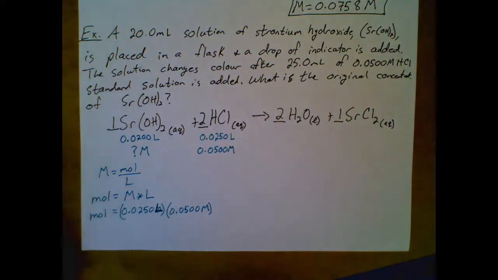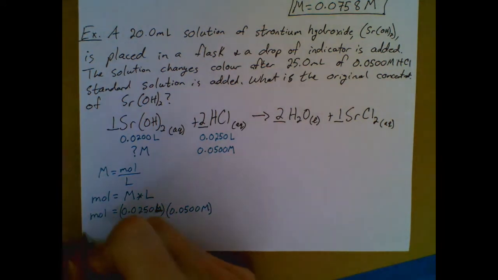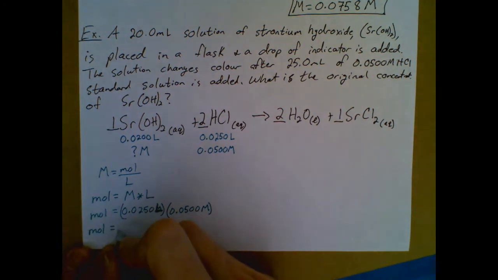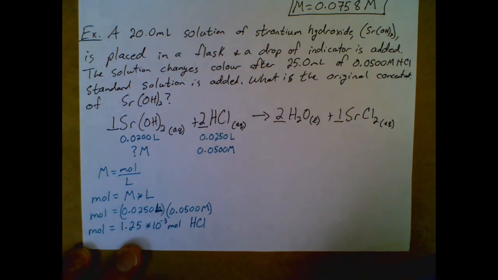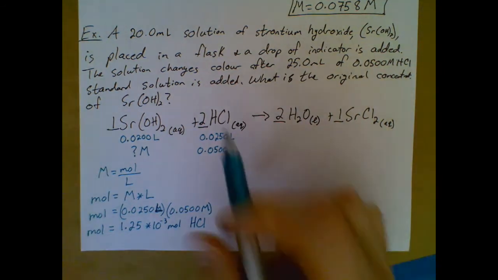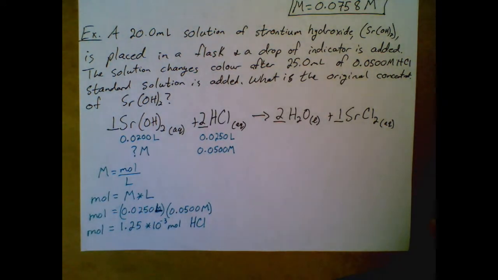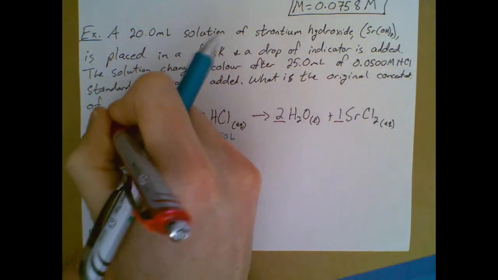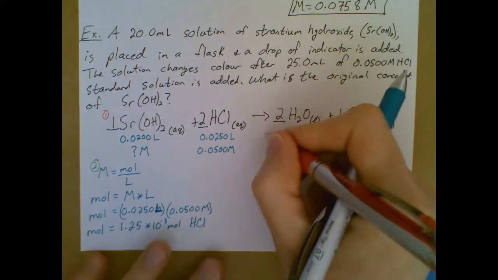Okay, so now we solve what that is. The number of moles of HCl is 1.25 times 10 to the minus 3 moles. Now, I'm going to write the substance with it because I don't want to forget what I'm actually working with. I know my moles here are 1.25. Okay, we did step 1 right here. We balanced our equation. We did step 2 right here. We've gone to moles. Let's do step 3 over here.